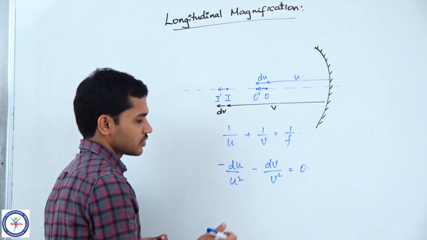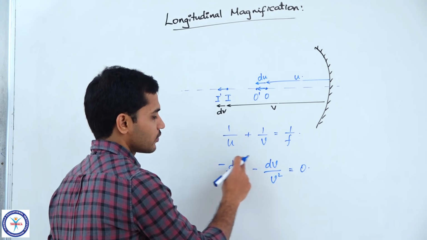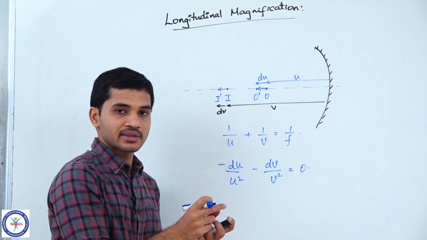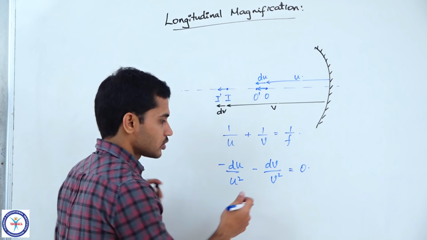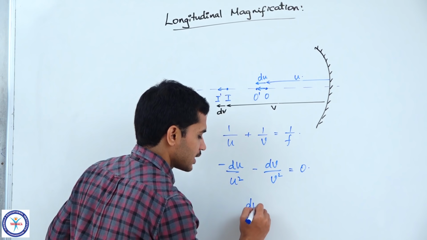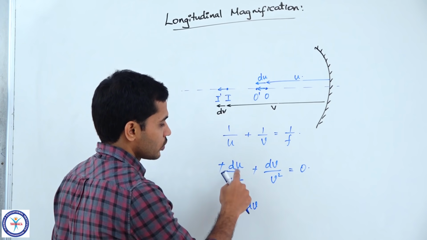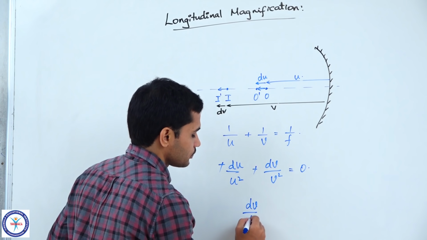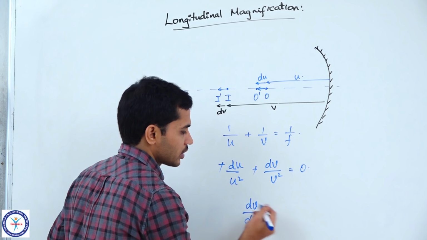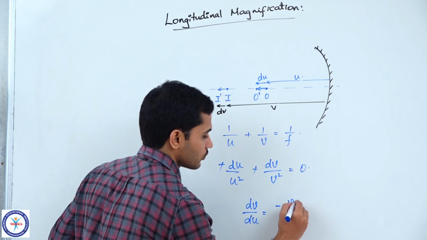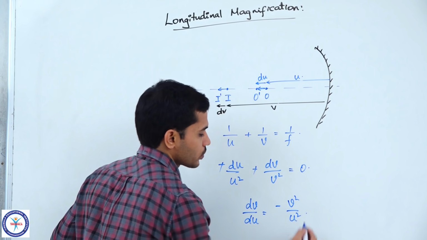I will rearrange the terms to find the value of dv by du, which is image length by object length. When I rearrange, I can cancel minus and minus. So dv by du will be minus of v square by u square.